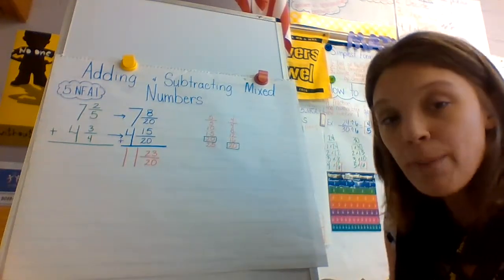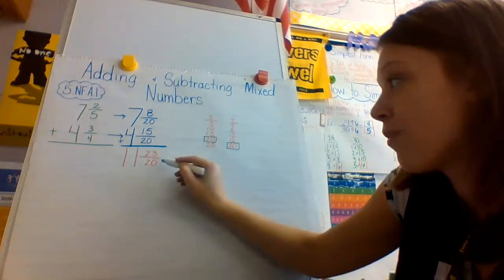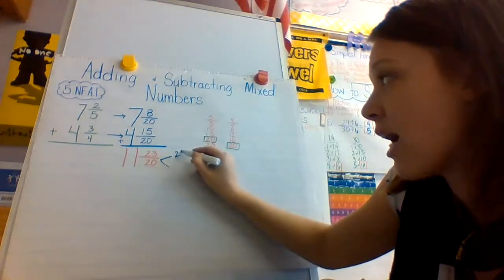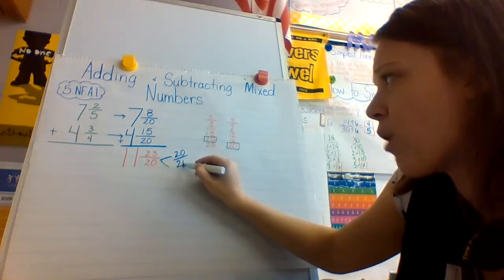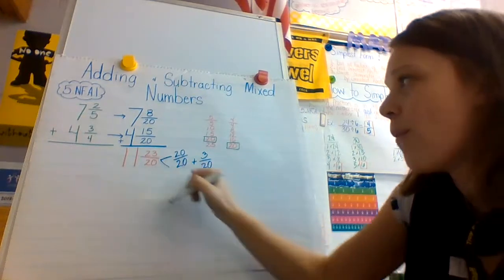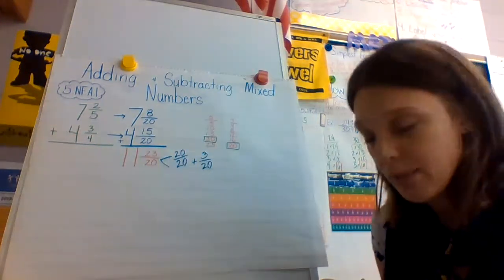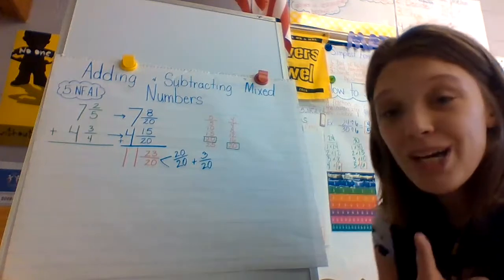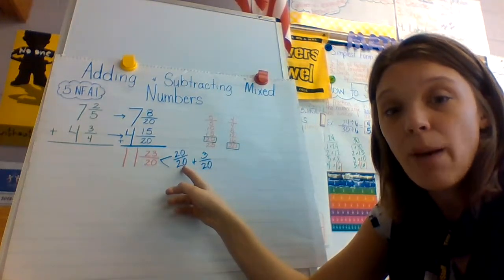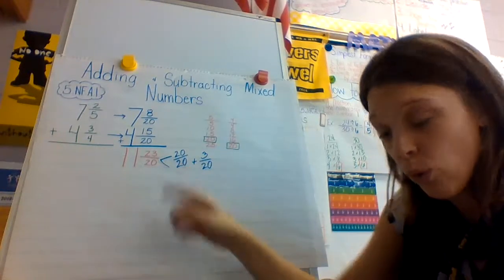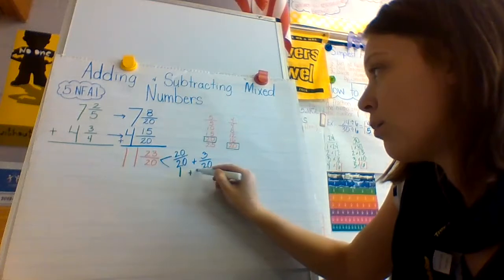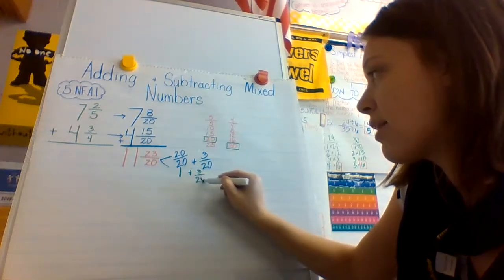When I break apart 23/20, what that is saying is I have 20/20 plus 3/20, because 20 plus 3 is 23. Because we know that when a numerator and denominator are the same number, that's equivalent to 1 whole, this is like saying 1 whole plus 3/20.